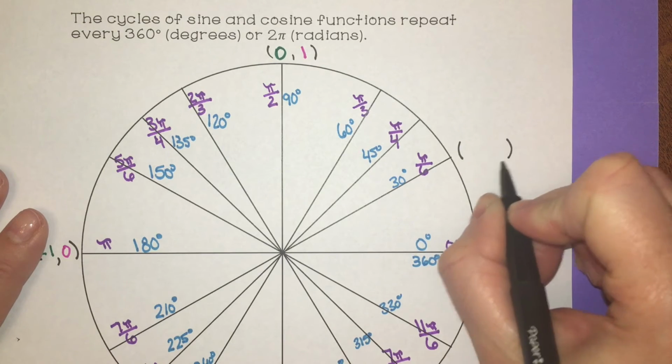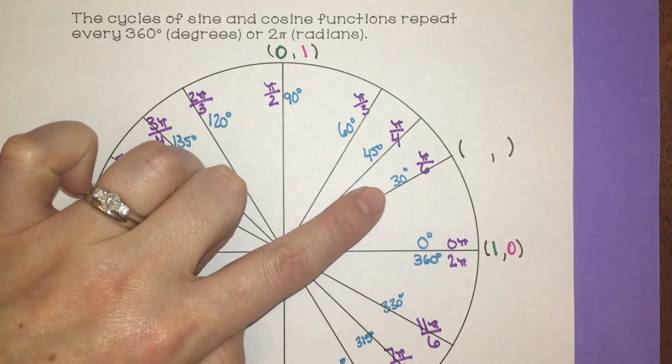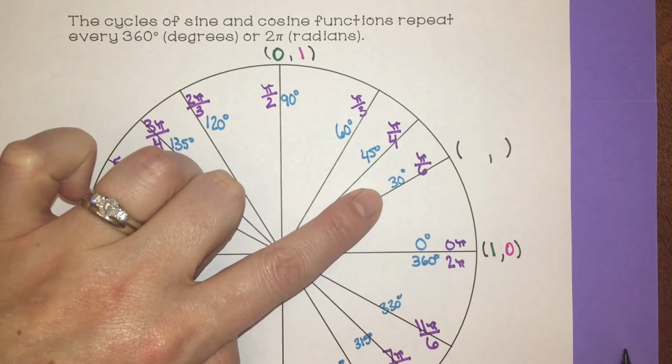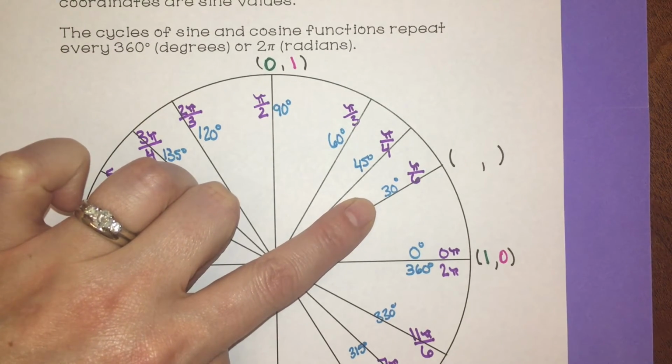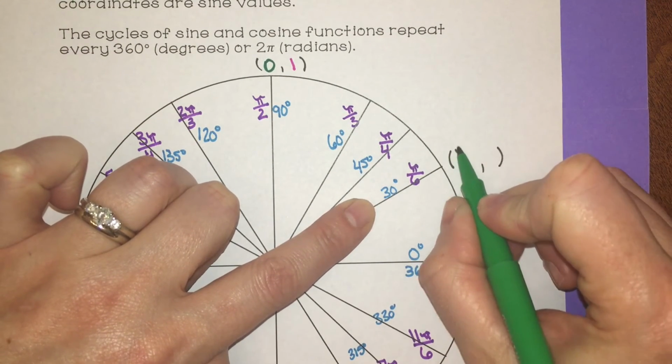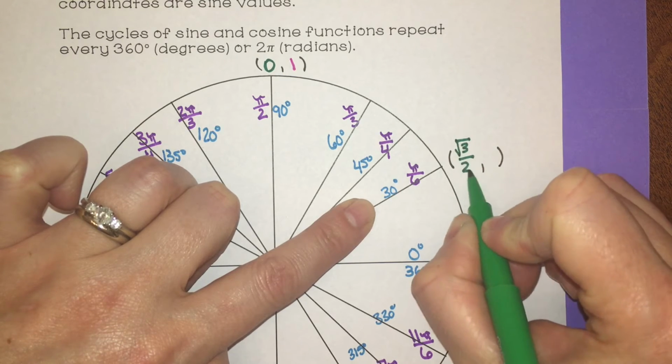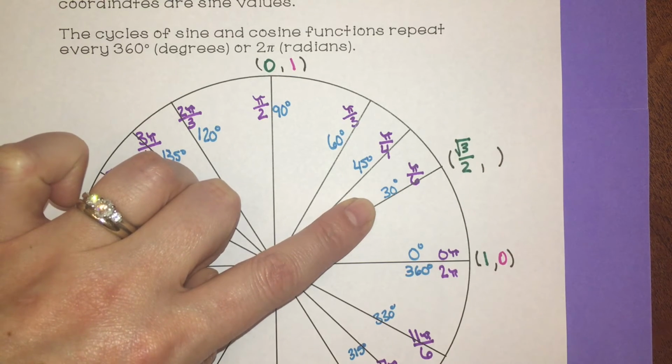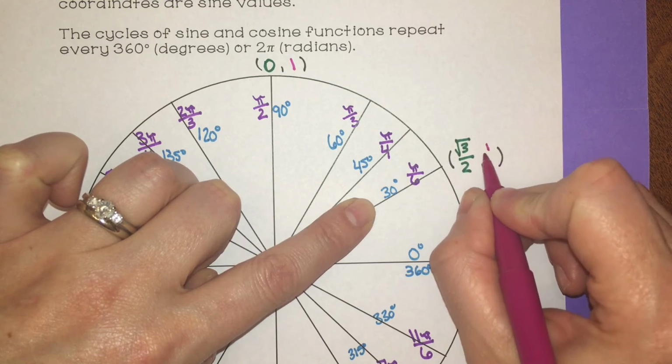So let's start, I'm going to just talk about degrees. Let's start at 360 degrees. So x is square root of 3 over 2. The y coordinate is 1/2.